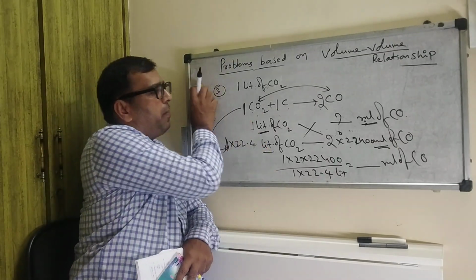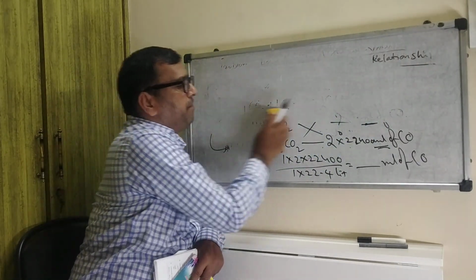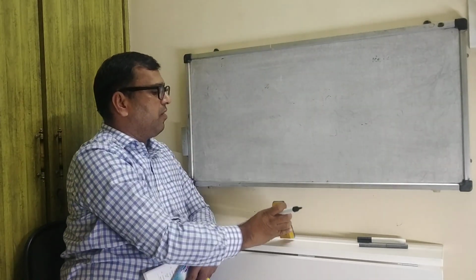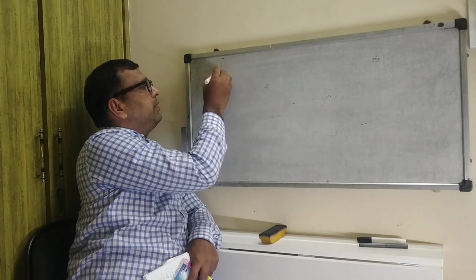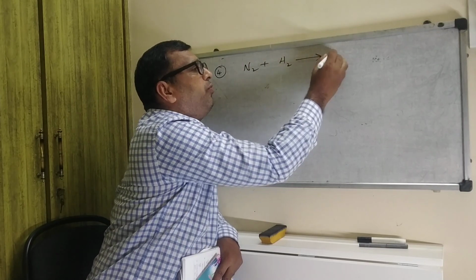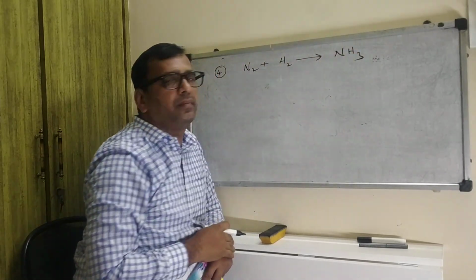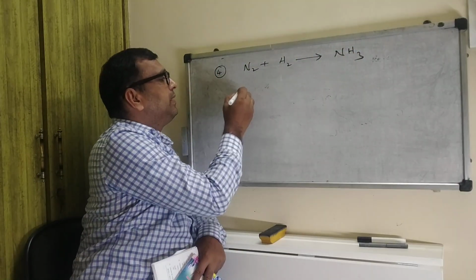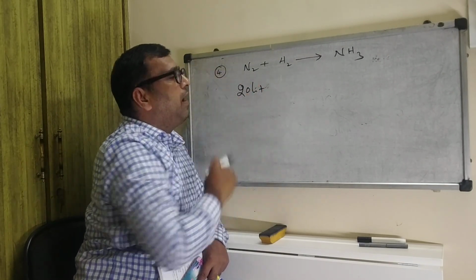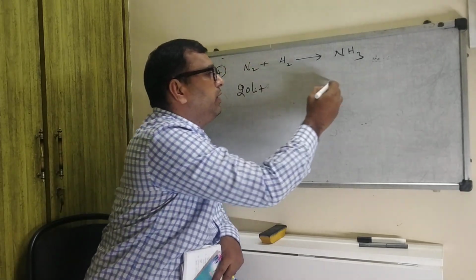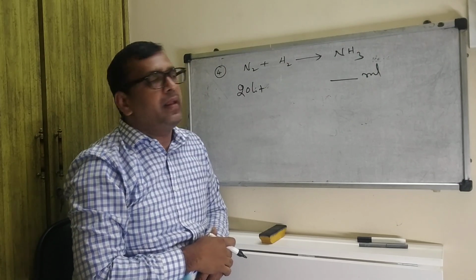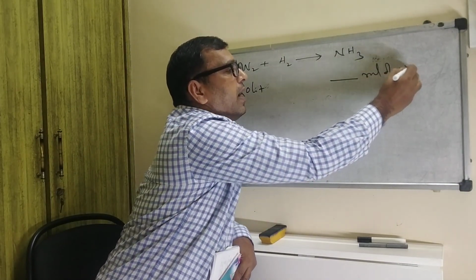Similarly, the fourth problem. For example, nitrogen reacts with hydrogen to form ammonia. Suppose 20 liters of nitrogen reacts with hydrogen to form how many ml of ammonia?